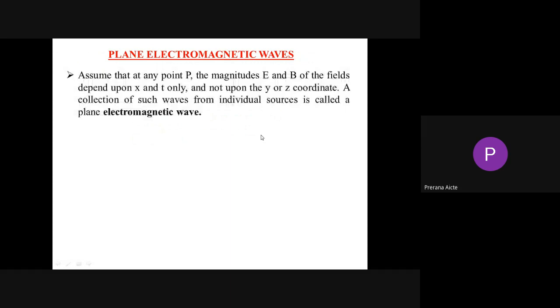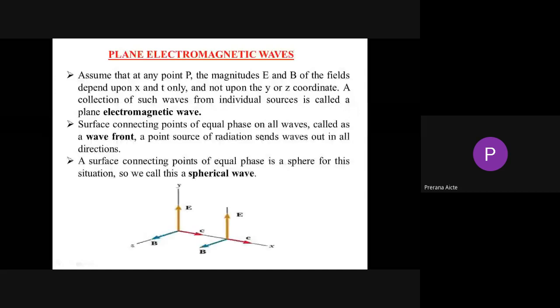Now suppose, assume that, now see the diagram with x, y, z directions. There are three coordinates. The electric field is in one direction, the magnetic field is in another direction, and the waves are propagating in some other direction.